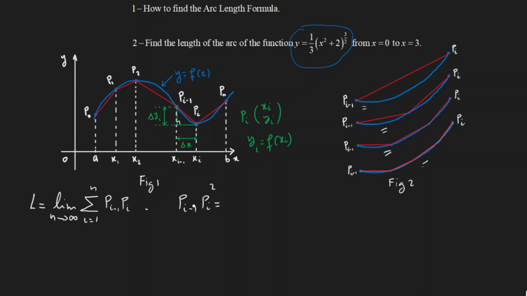Here we say that Pi minus 1 Pi squared is equal to delta y squared plus delta x squared.